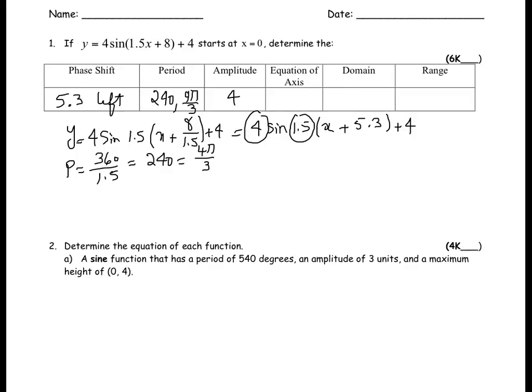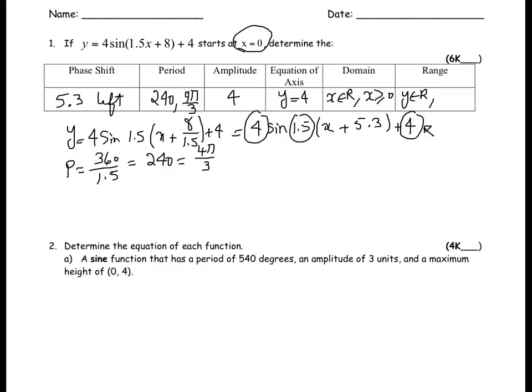The equation of the axis is y equals 4, the constant here, which is the vertical shift. The domain is x in R, but since x starts at 0, x has to be greater than or equal to 0, and the range is y in R.